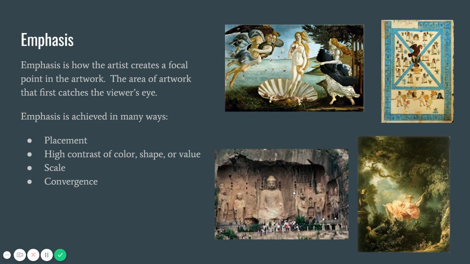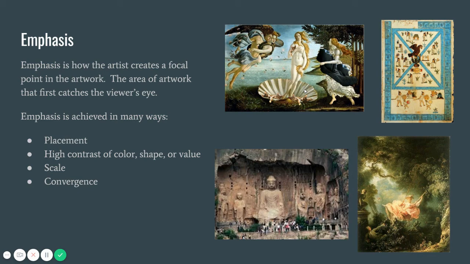Emphasis can be achieved by placement, and oftentimes, like in this painting, if you place something dead center in your composition, then it's kind of a default that is where the viewer's eye is going to go first. That's kind of a default for creating a focal point. Okay, so placement.